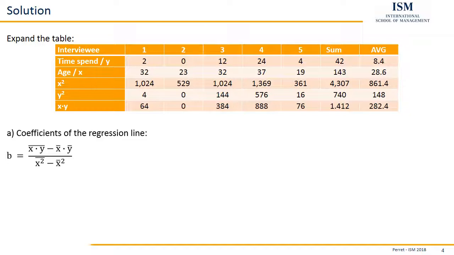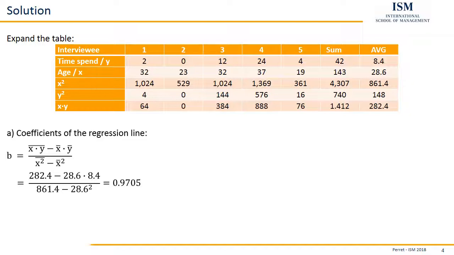All of this is divided by the average of x squared, here being 861.4, minus the average of x to the power of 2, so minus 28.6 to the power of 2. We insert the values, calculate this expression, and we get as a result 0.9705. This is the slope of my regression line.